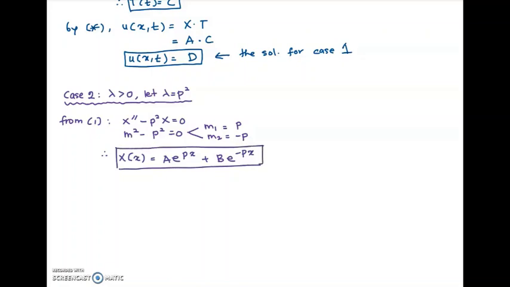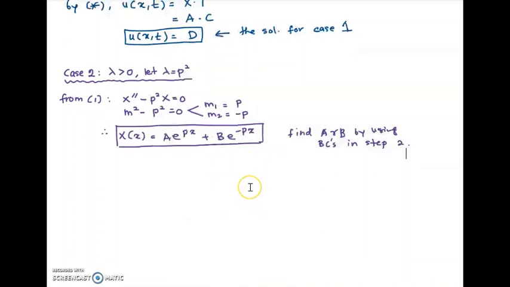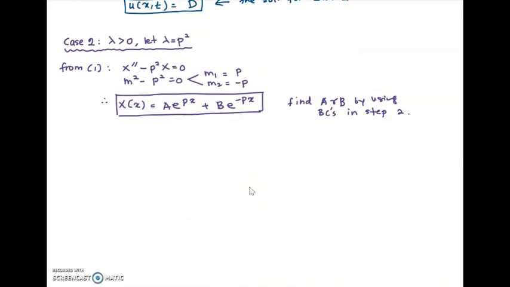All right. Now we are going to find a and b by using the boundary conditions in step 2. The boundary conditions in step 2 are in terms of the derivative, so we need to differentiate to get X prime first.